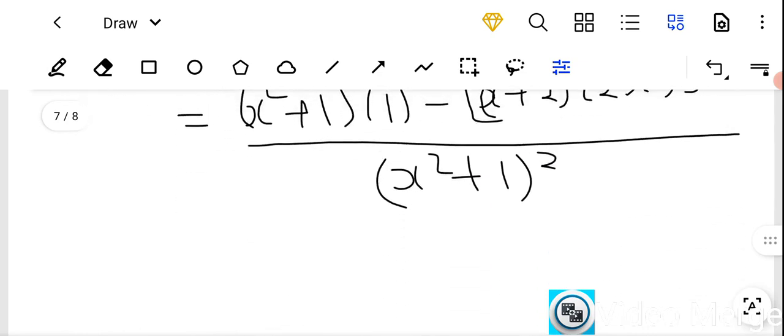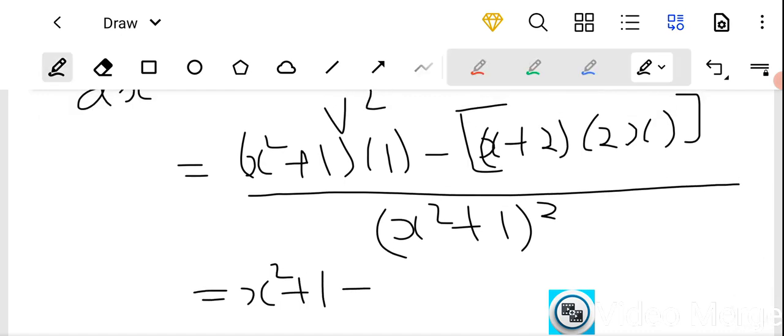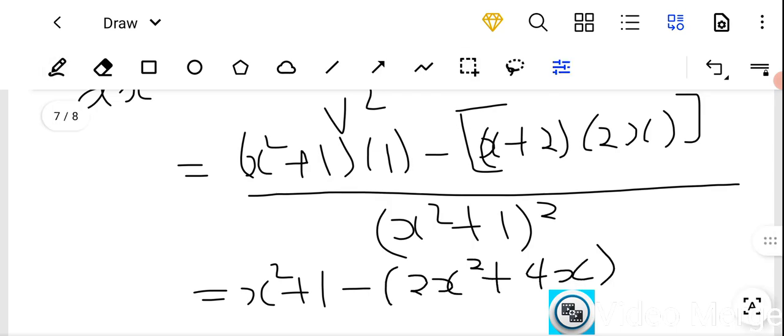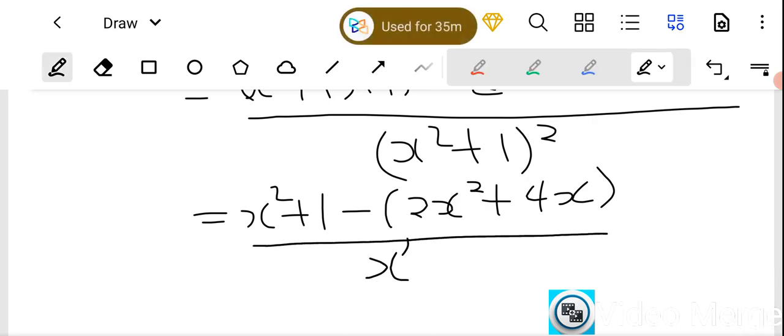And then to continue, you're going to say is equal to x squared plus 1 minus, in those square brackets we can simplify it to become 2x squared plus 4x, divided by v squared, which is x squared plus 1 squared.